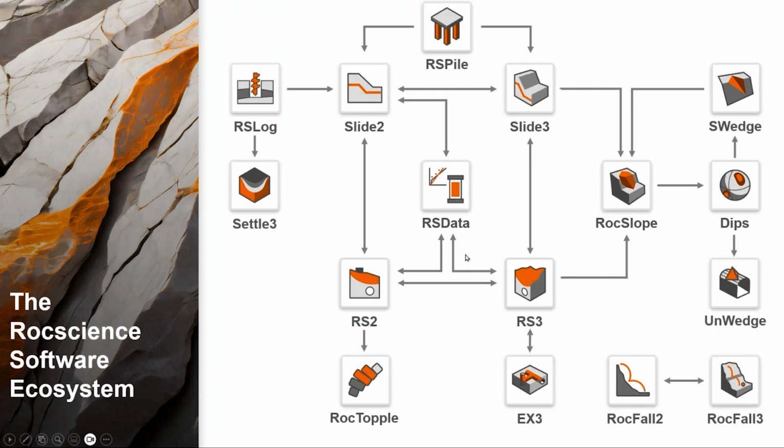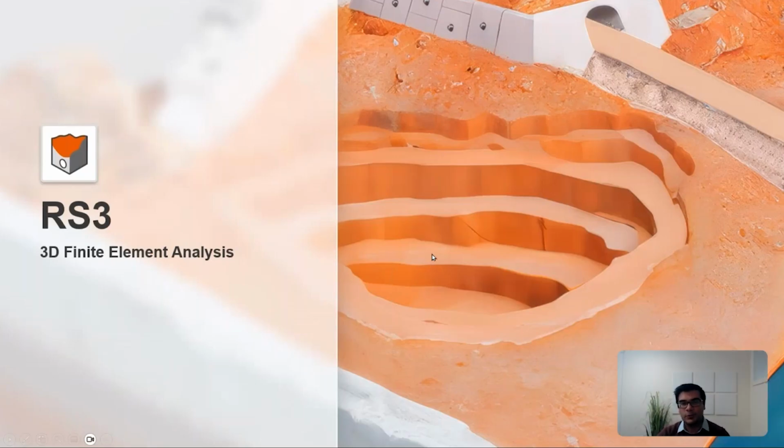For example, if you have a model in Slide3, you can easily import it to RS3, so you don't need to recreate the geometry or redefine the material properties. All of them will be imported to RS3, which can save you a lot of time. Here you can see the ecosystem of the Rock Science software and how they communicate with each other. But today we are going to focus on RS3.